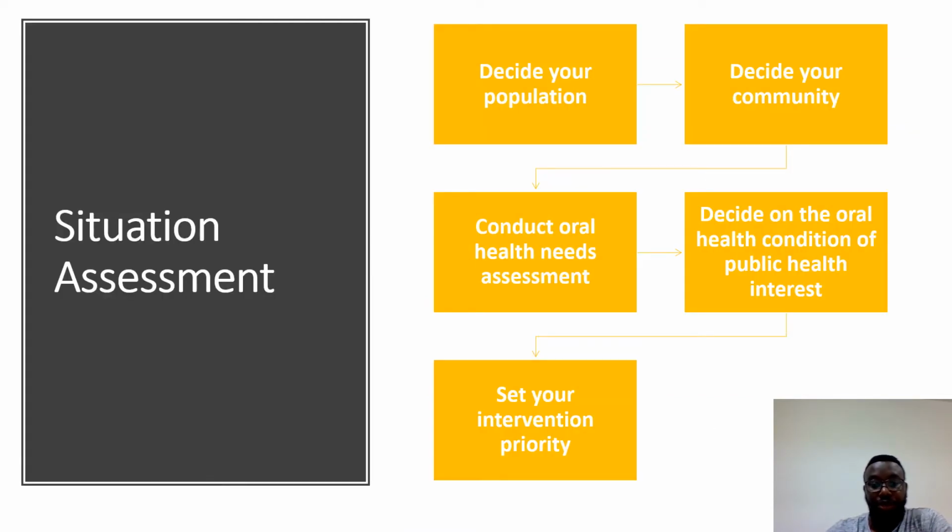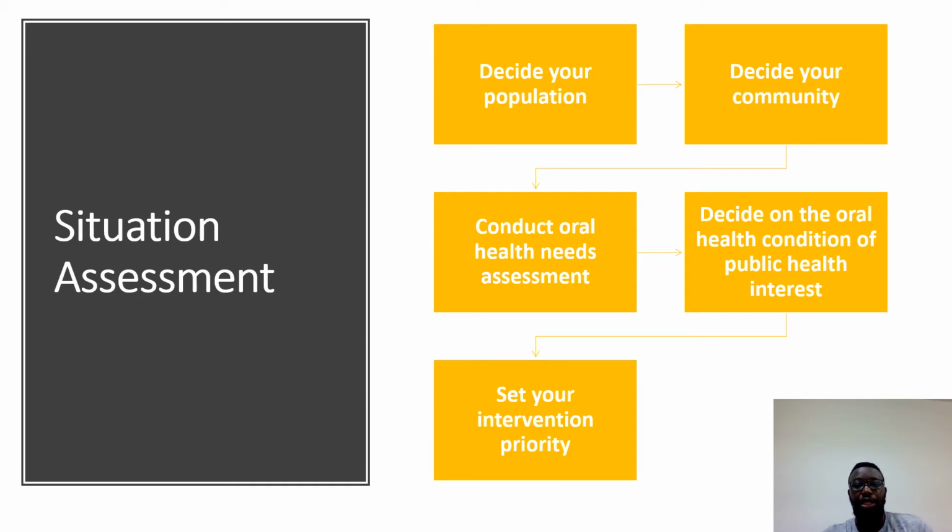So now, at this stage, what you should be doing is you've decided already on your population, either that you've done that by choice or it's been assigned to you, or that you are the one in charge of a defined population. So first of all, before you can do anything, you need to know who your population is. You look at the dynamics of the population and you understand them.